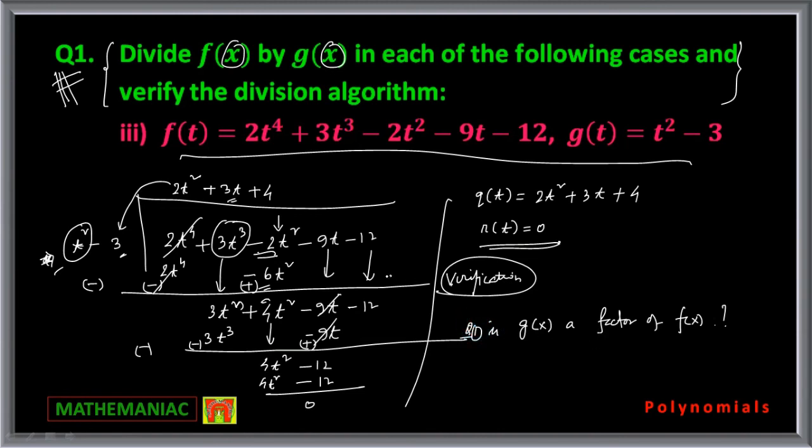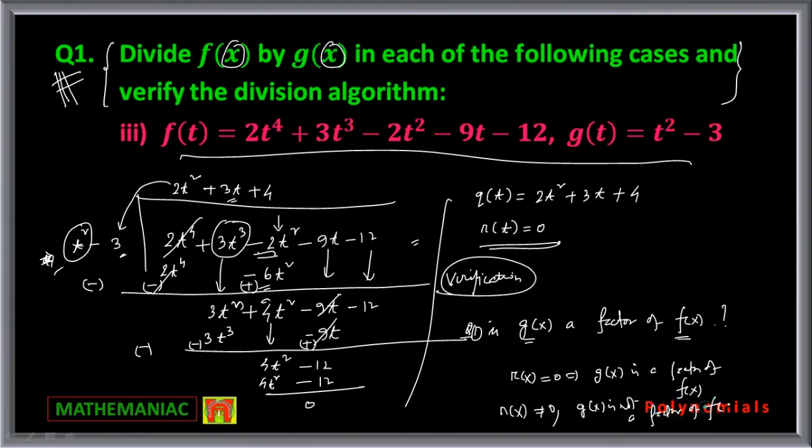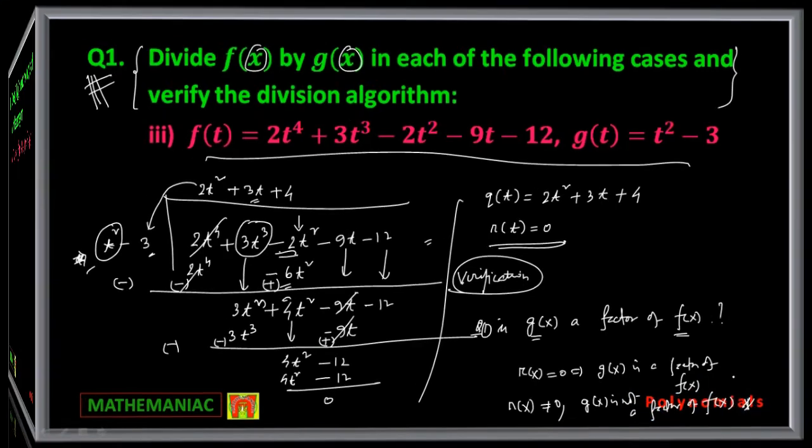Very simple. Division you have to do here also. If you divide f(x) by g(x) and you end up with r(x) equal to 0, like this is the case, you would say that g(x) is a factor of f(x). And if you end up with r(x) not equal to 0, what will be your conclusion? g(x) is not a factor of f(x). That's it.